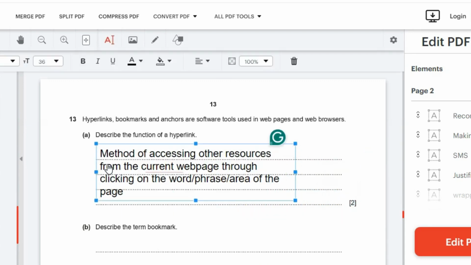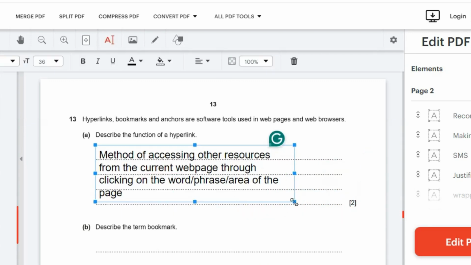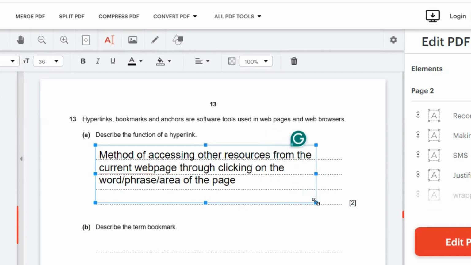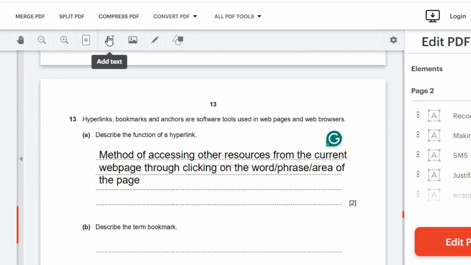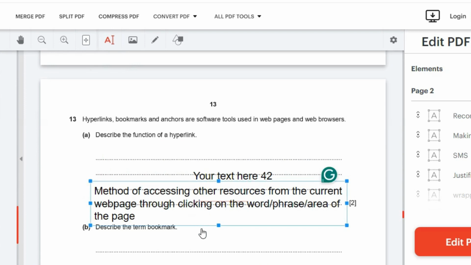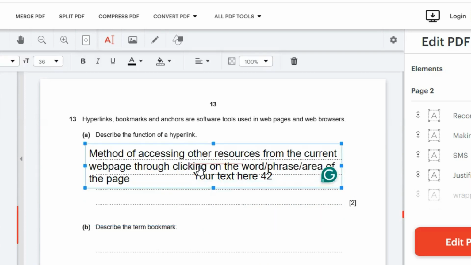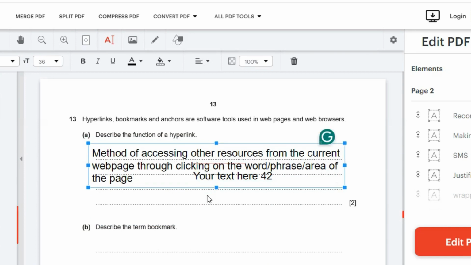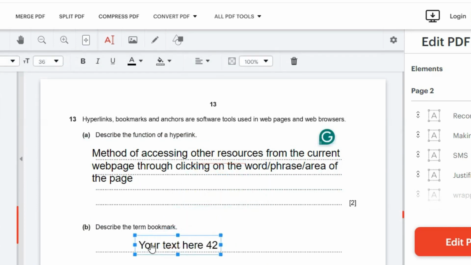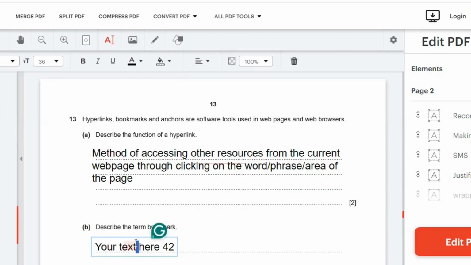Then 13B says we should describe the term bookmark. So what is a bookmark? When we say bookmark, what do you understand by bookmark? All right.